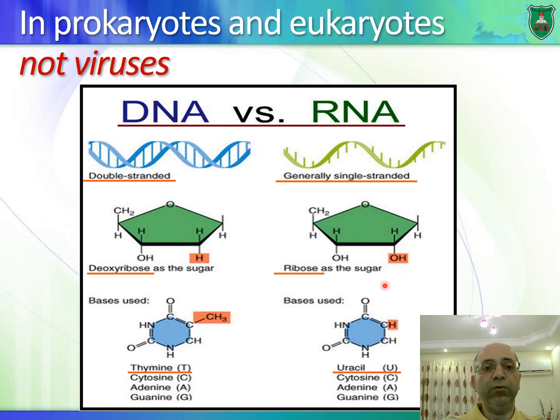There's a hydroxyl group. In terms of the bases, they both contain cytosine, adenine, and guanine, but DNA mainly contains thymine, and uracil exists in RNA only. There are always exceptions, especially in lower organisms like viruses and bacteria.